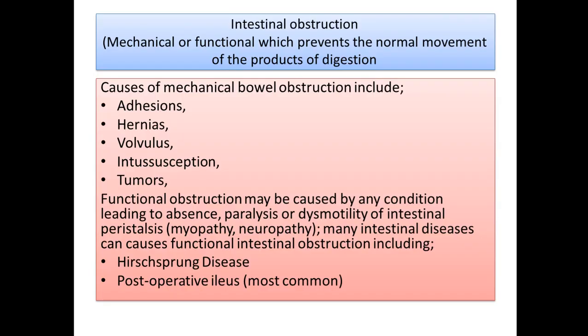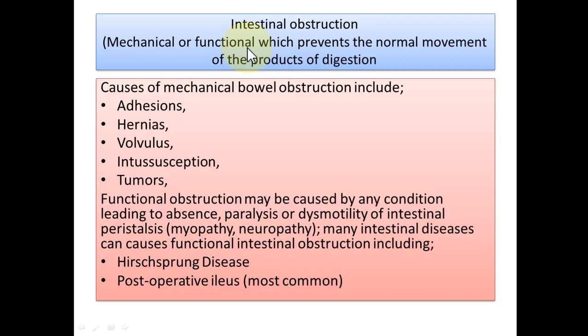Now, intestinal obstruction most commonly in adults occurs due to mechanical obstruction. So, there may be something physically obstructing the intestine that doesn't allow the food and digested contents or fecal matter to move forward towards the rectum, or this obstruction may be due to absence of the normal peristaltic contractions.